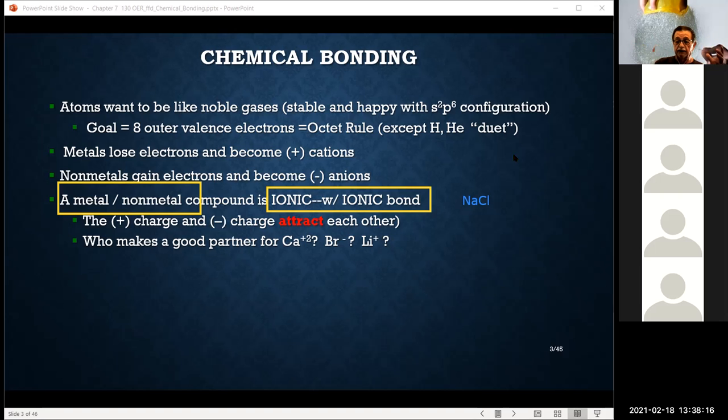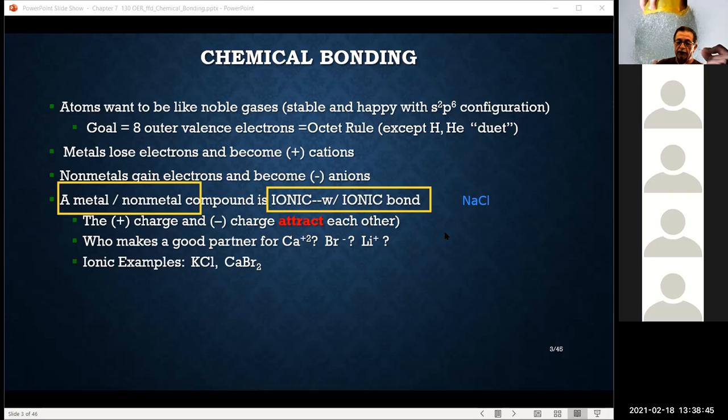It's a cation and an anion, and I put them together such that I have sufficient negative charges to cancel out the positive charges. So here they're asking who's a good partner for the calcium ion. Well, it can't be the lithium ion because it's a cation. The only good partner will be the anion bromide.